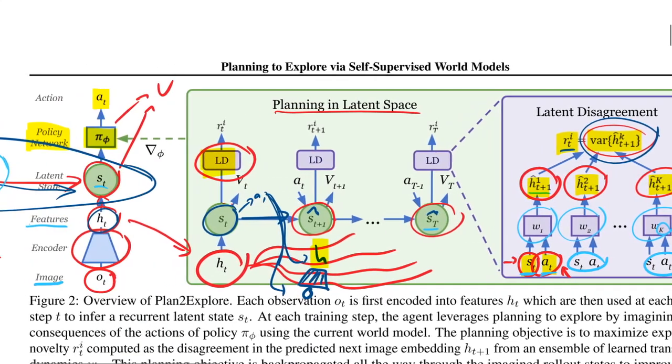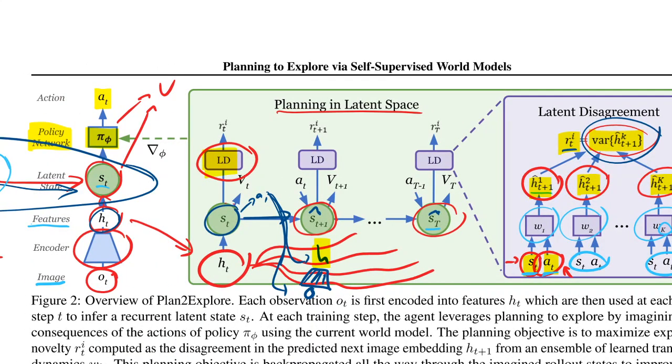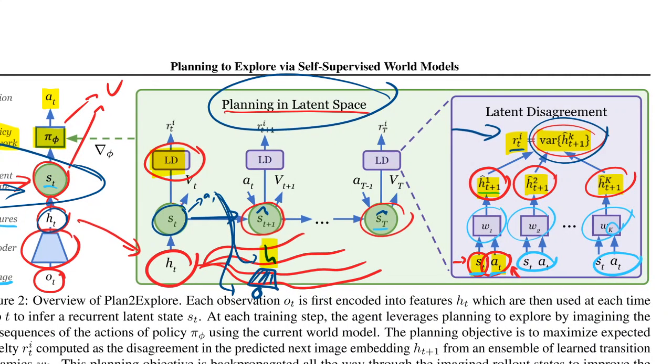Okay, so this is the core of the paper. Basically, you do this planning in latent space in order to find the states or actions that lead you to a state where you don't know what's going to happen. And you measure that by trying to predict it using slightly different models. And if they disagree a whole bunch, then you say, I don't know what's going to happen, and therefore I want to go there because I want to learn about that state.